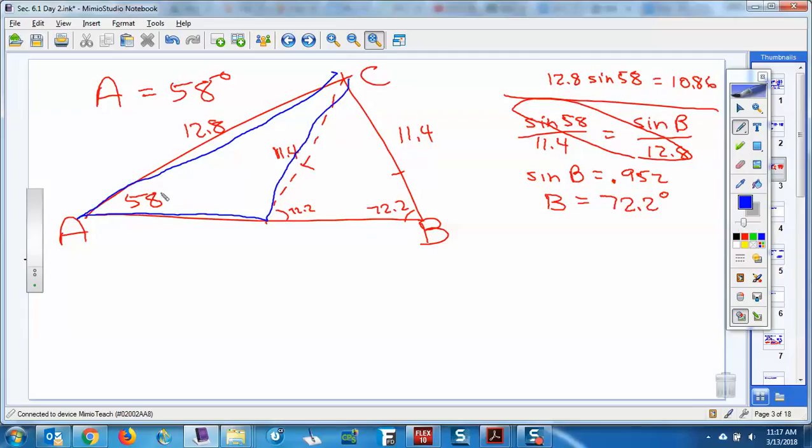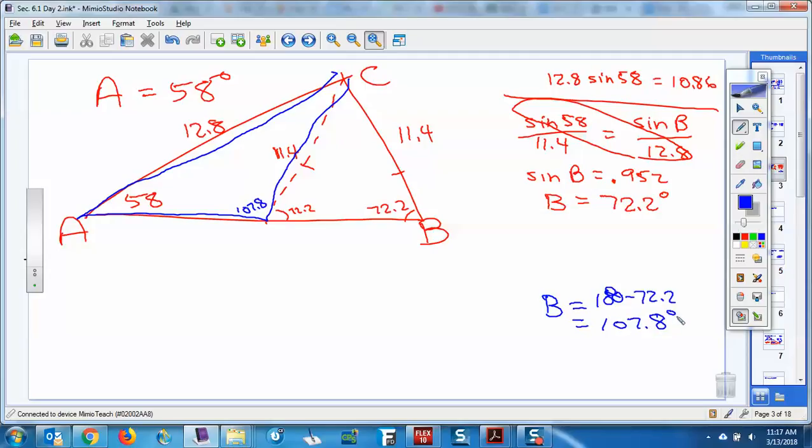The big red is our first triangle. This is our second. So this has to be 180 minus 72.2, so 107.8, right? Now, the other way to do it is just to automatically subtract from 180, because that's how it is every time. It's 180 minus 72.2. So it's 107.8.